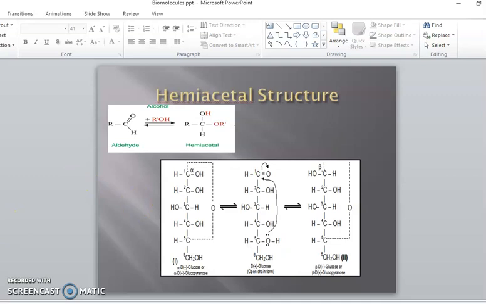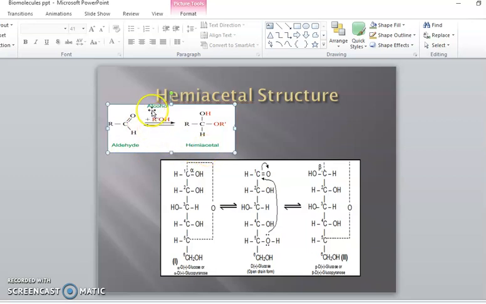Now we will discuss the hemiacetal structure of glucose. First of all, what do we mean by a hemiacetal? Here you have an aldehyde, R-C double bond O-H, and there is an alcohol, R'-OH. When an aldehyde reacts with an alcohol, the product is called a hemiacetal.